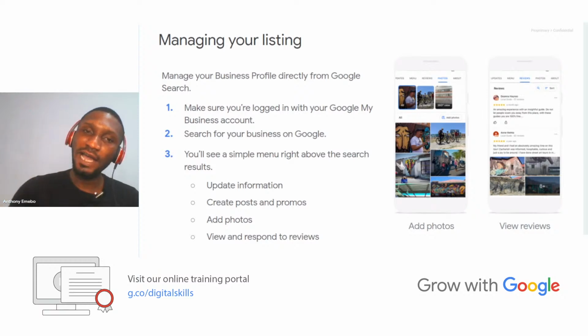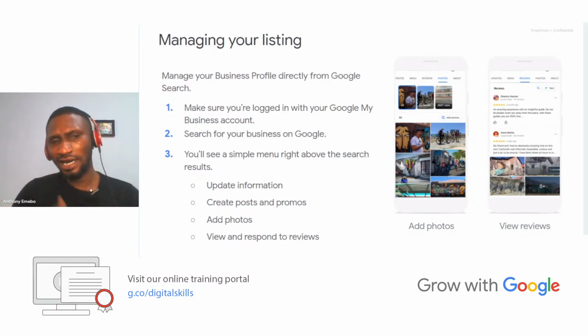But so far as you use that Google account to create this profile, just search for your business on your Chrome browser, and immediately it pops up. From the results, you can update your information, create posts and promos, add photos, and view and respond to reviews. So managing your business is as easy as searching for your business, and you have options to update information and create posts and promos.